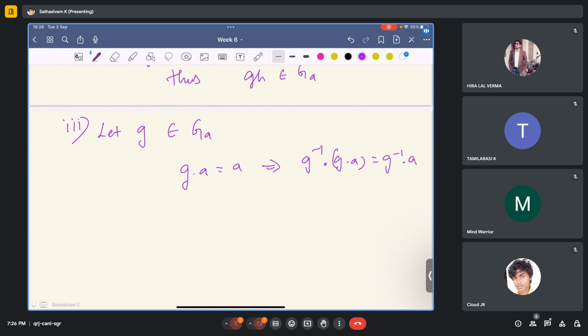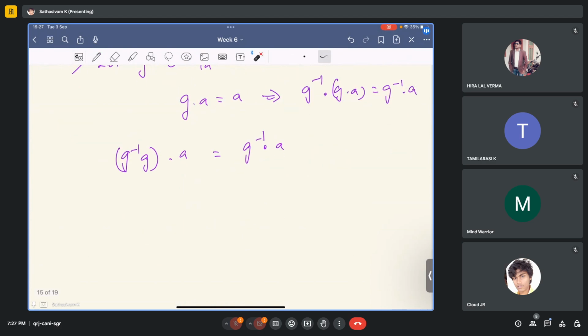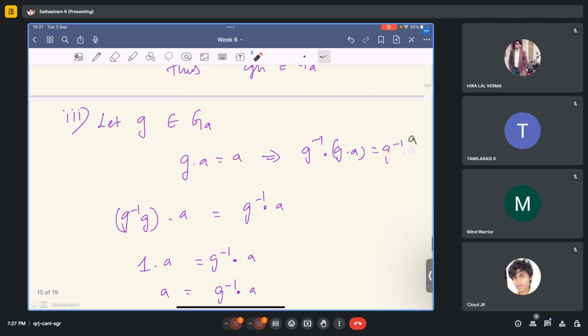So what is g inverse·(g·a)? This is (g inverse g)·a, which is 1·a, right? So we are done here again. Basically we have proved that g inverse also belongs to G_A.